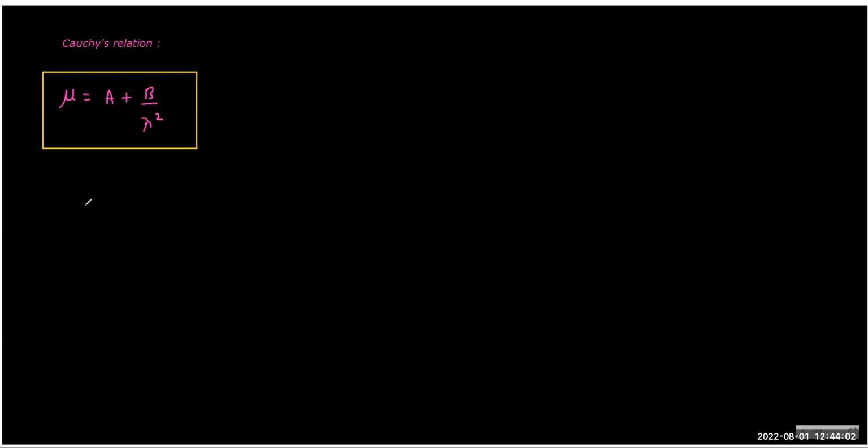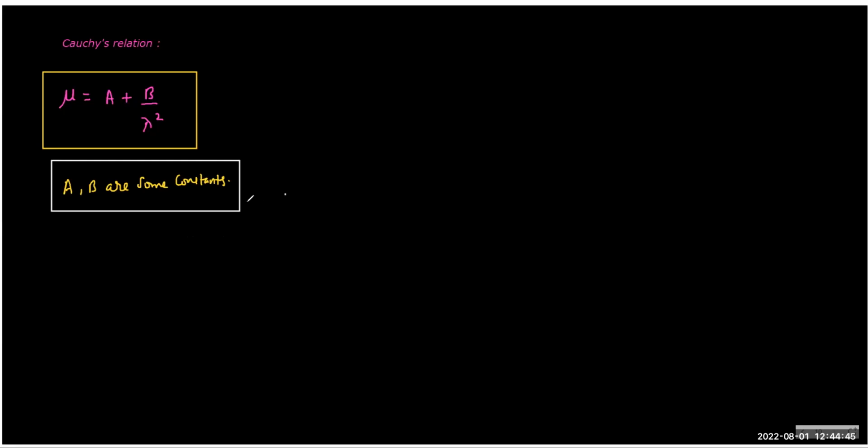So a given medium will behave differently for every component of light, and mu will change accordingly. A and B are some constants, and of course it's a lengthy term which you can ignore as of now. You need not worry about it. It will be given to you in case it is required.